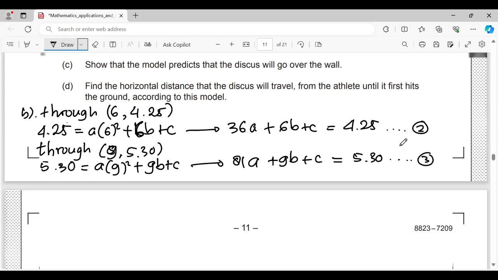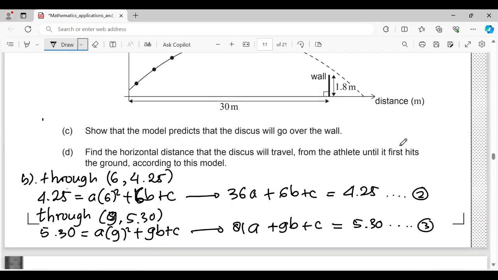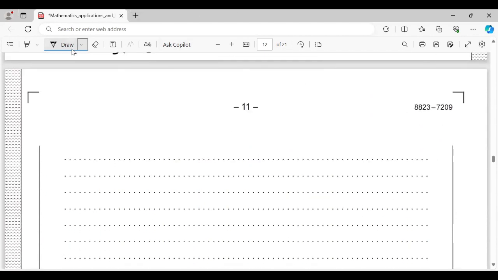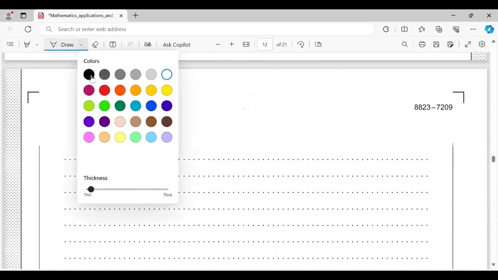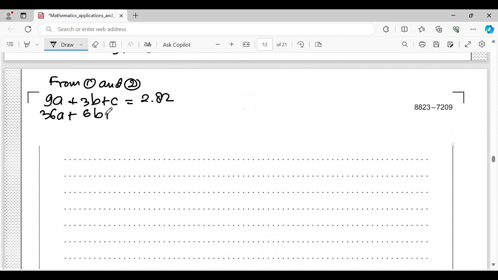From equations 1 and 2: 9a plus 3b plus c equals 2.82, and 36a plus 6b plus c equals 4.25.